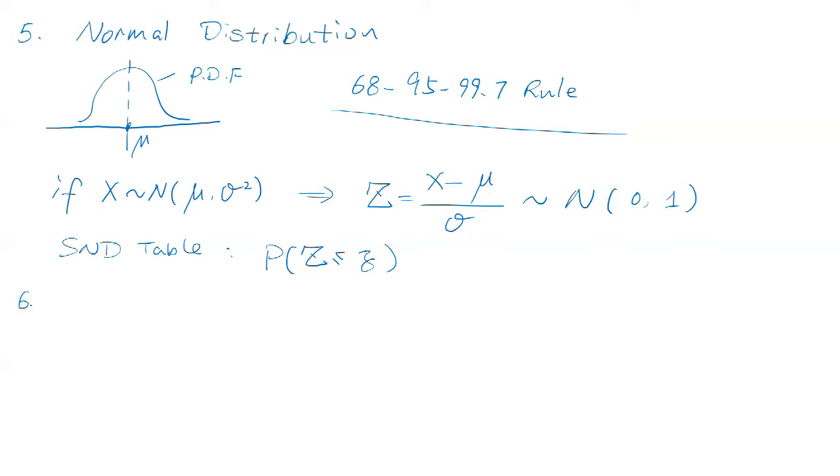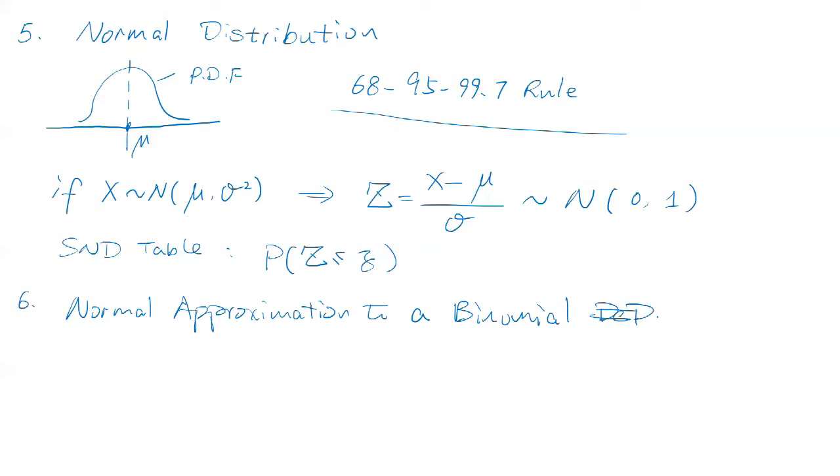Right? And then today we have learned the normal approximation to the binomial distribution, under the condition of np greater than 5 and nq greater than 5.